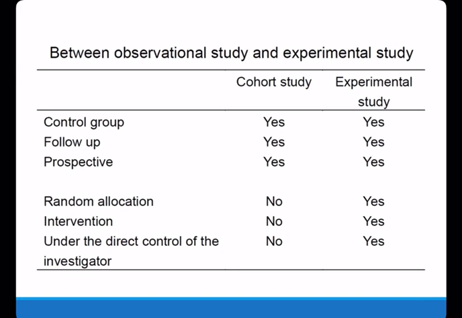In the cohort study, there are no interventions, while in the experimental study, we need interventions. The cohort study is not under the direct control of the investigators, while the experimental study is under the direct control of the investigators. The investigators will determine whether the participants will be intervened or not.